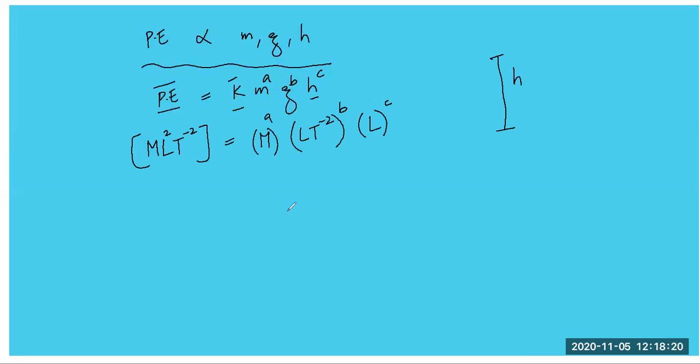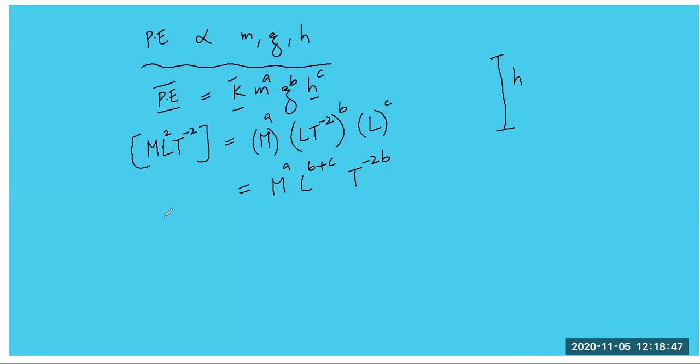See, mgh: mass into acceleration due to gravity into h. So this will be M^a L^(b+c) T^(-2b). Any doubt? Fine.